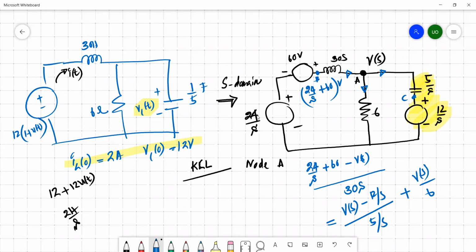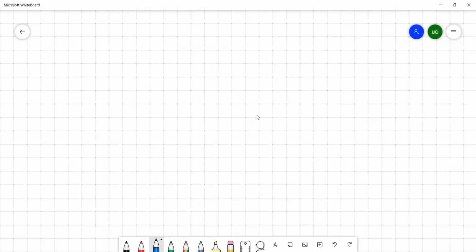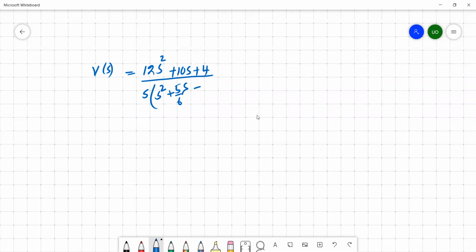Once you solve this equation, you can easily get the response. For example, if I take the answer of this one, according to the slide, Vs equals 12 s squared plus 10s plus 4 divided by s squared plus 5 over 6s plus 1 over 6.